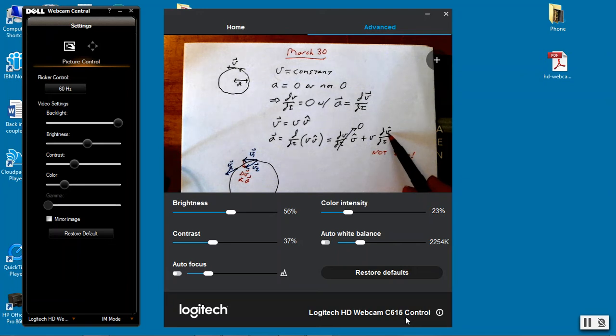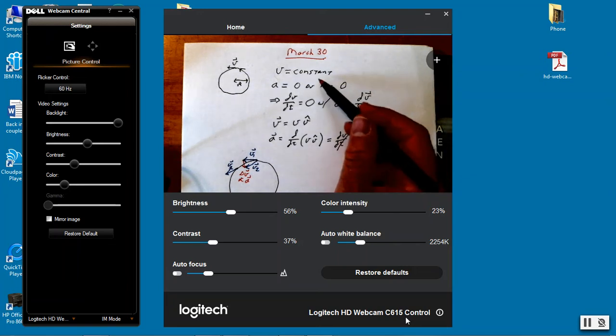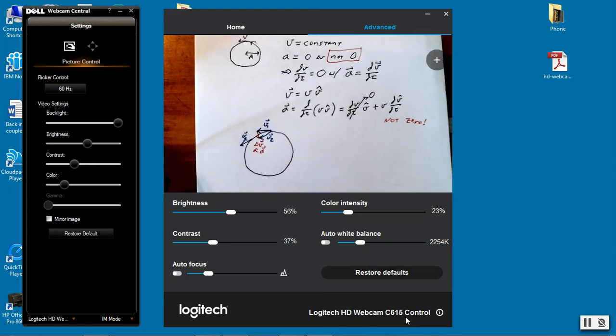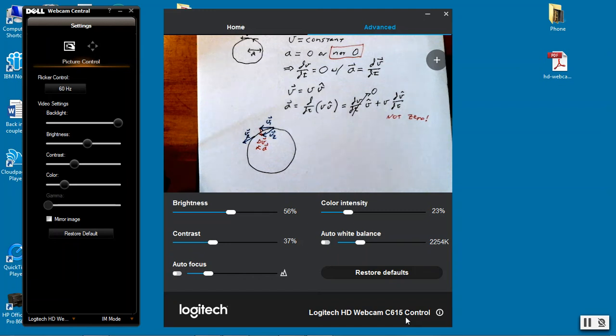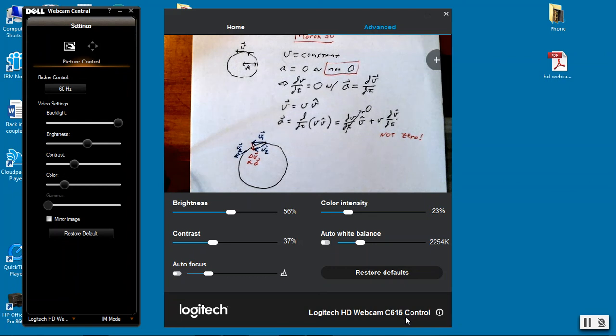And going in a circle, you are not maintaining the direction. So therefore, the acceleration for going in a circle cannot be 0. You're changing direction. So you can have a constant speed but still be accelerating if you're changing the direction of motion.